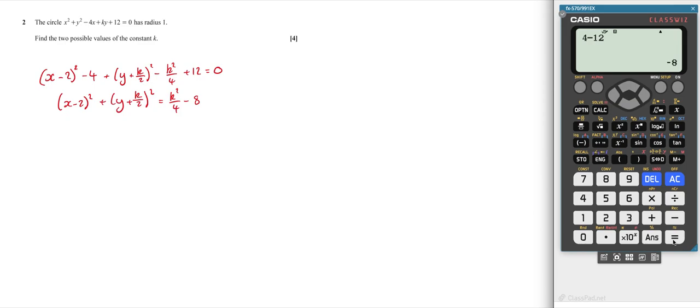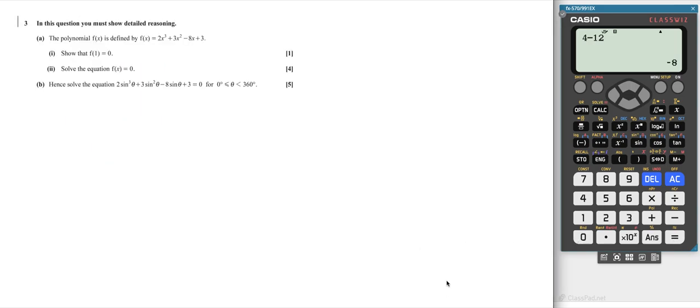And then we know it has radius 1, so therefore k squared over 4 minus 8 is equal to 1. So we are going to have k squared over 4 is 9, k squared is 36, so k is plus or minus 6. And there's my two possible values.